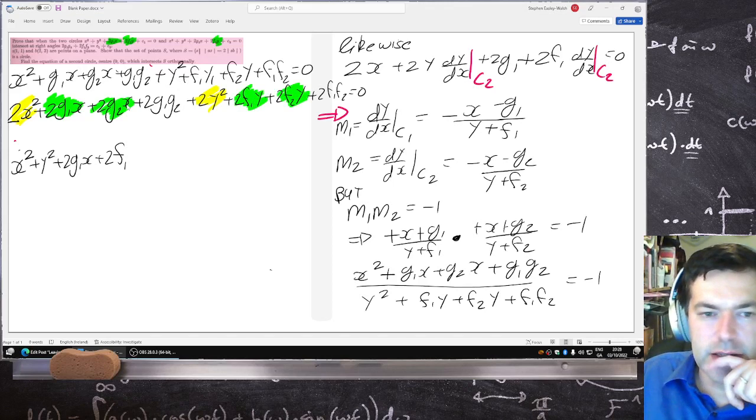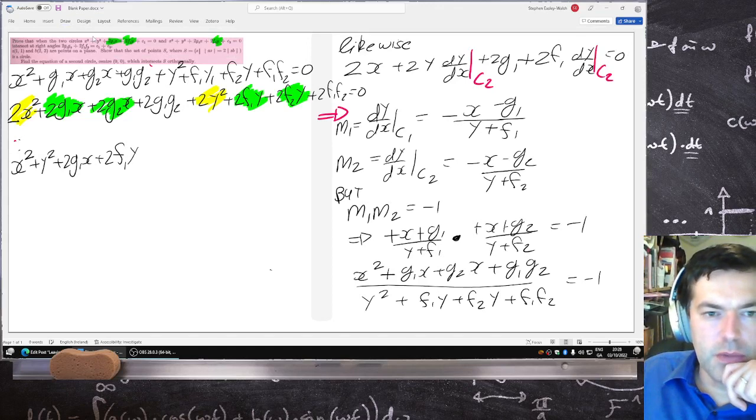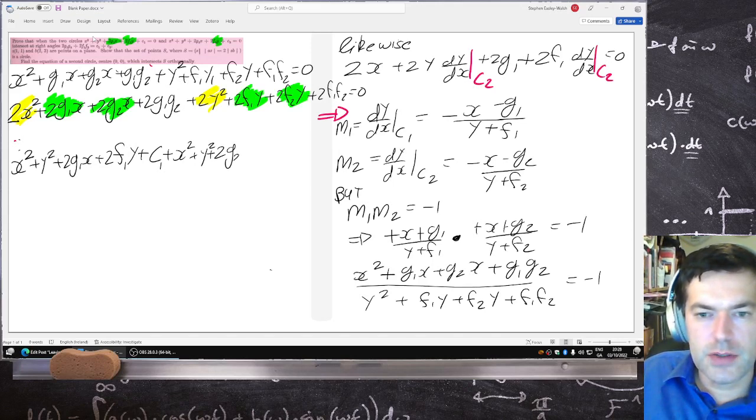There's no c's, so I'll have to add c to both sides. So c1 plus x squared plus y squared plus 2g2x plus 2f2y plus c2 plus 2g1g2 plus 2f1f2, and I added c1 and c2 to both sides.